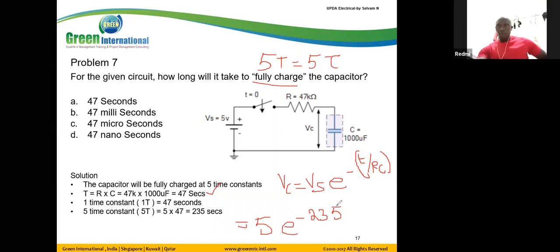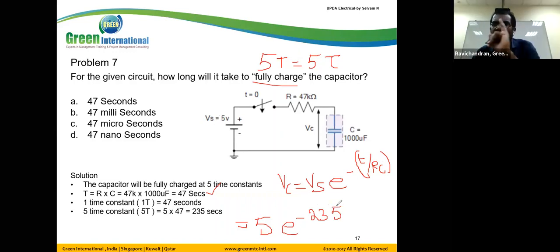Here we already solved the problem. Remember, they asked the question, how much time it takes to fully charge? It is 235. Okay, the question is finished. Now we cross-check the answer. 5 e to the power of minus 235 gives 5.